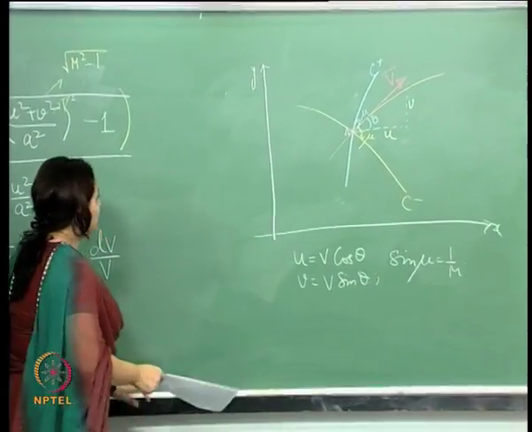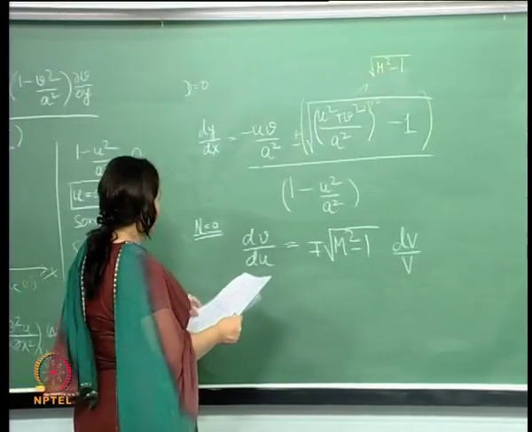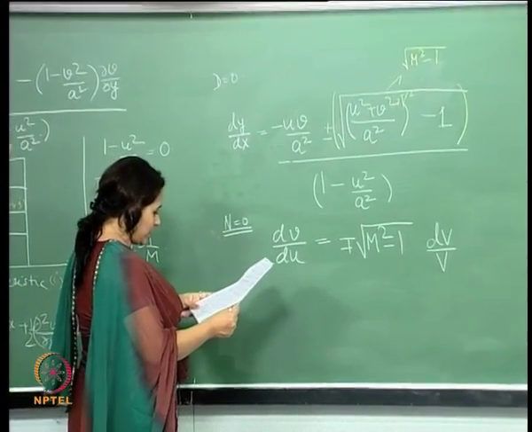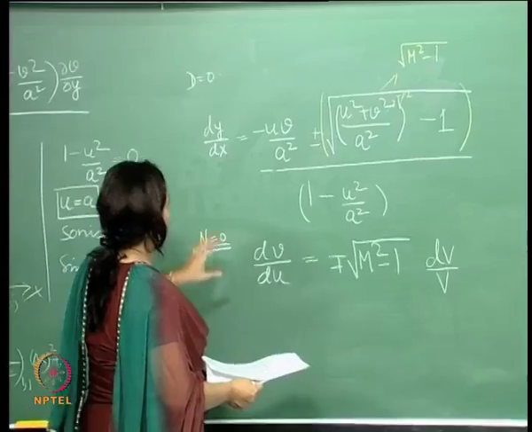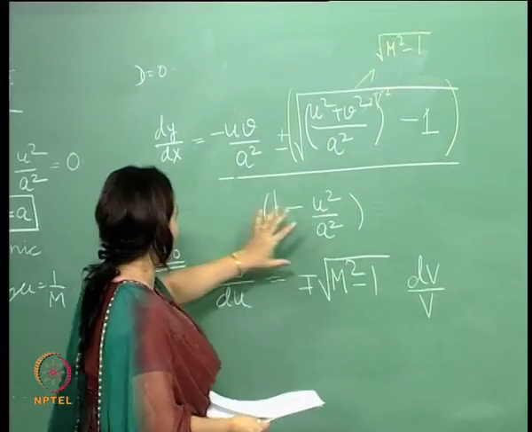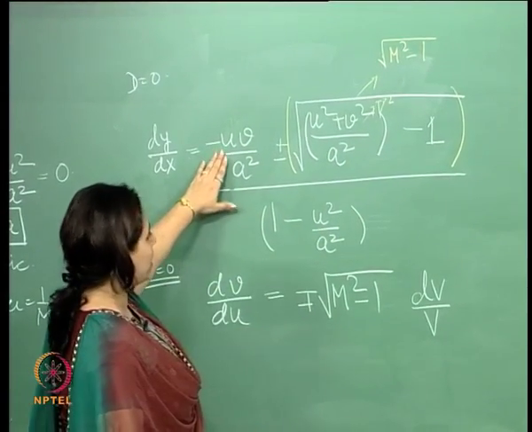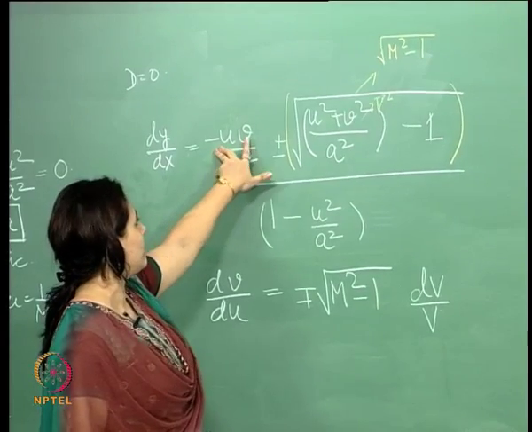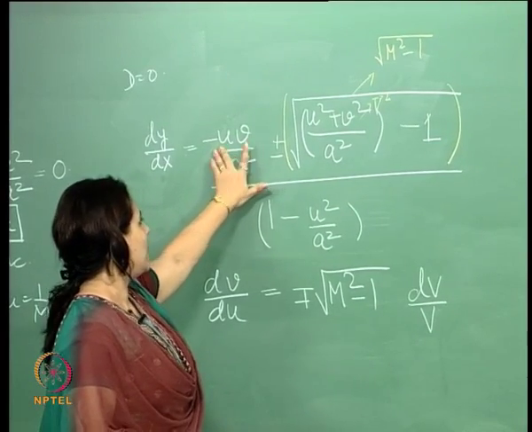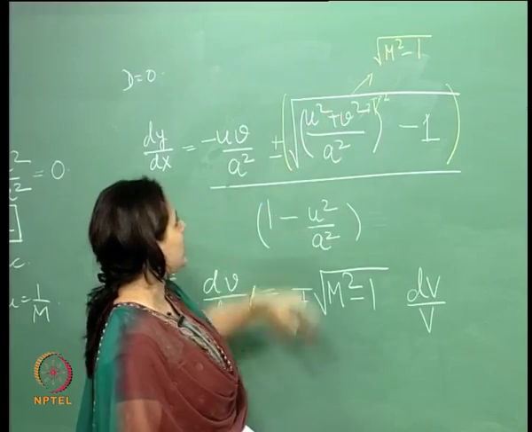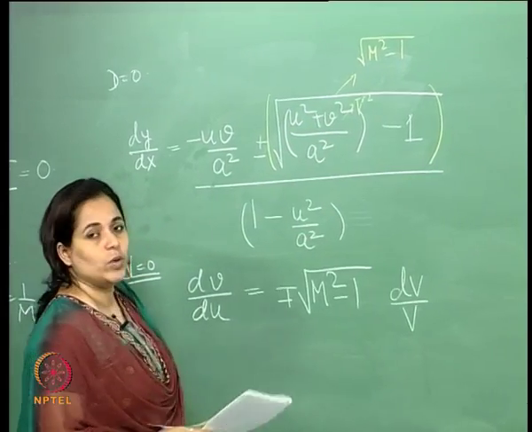So coming from this particular expression, I can write this as v cos theta and v sin theta, and in here of course we have sin mu is 1 by M.